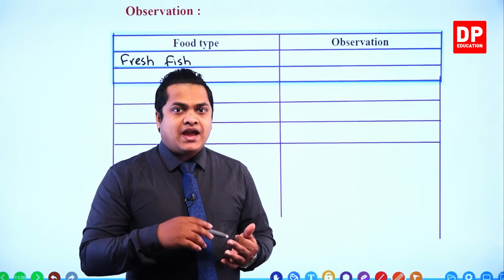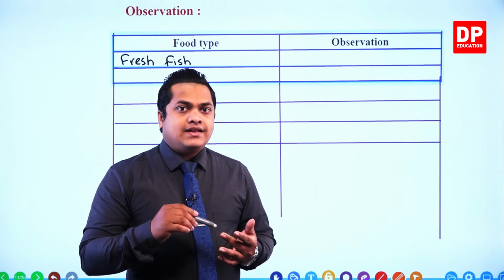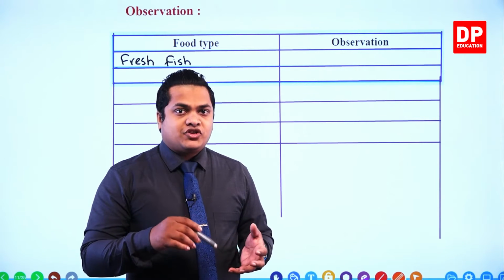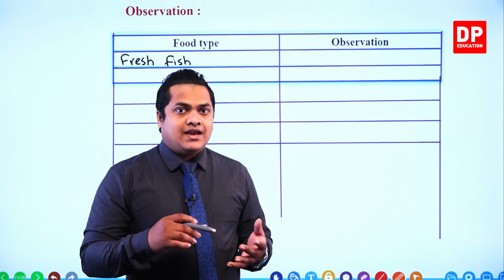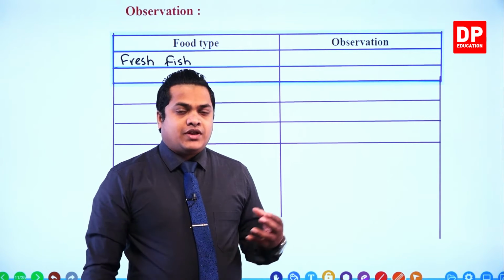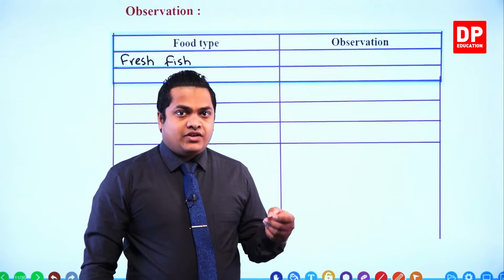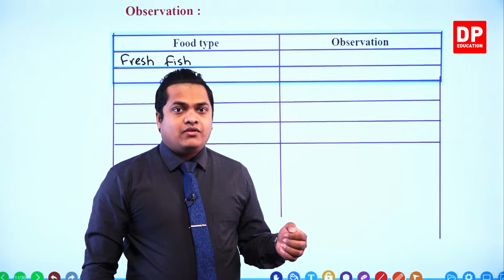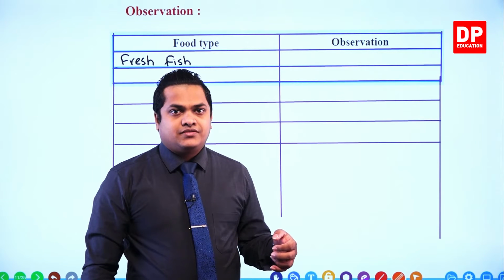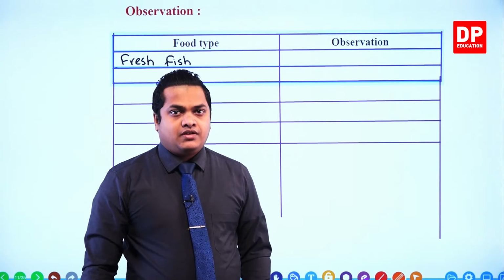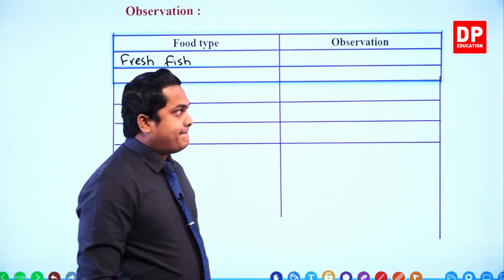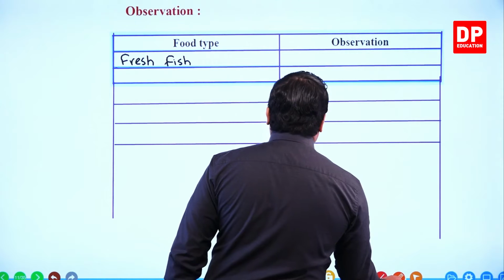Slimy nature, bad odor, and the other specialty is that their freshness has disappeared. And my dear children, when you keep your finger on the fish, it has a liquid or very slimy nature. Okay, so we'll write down our observations.